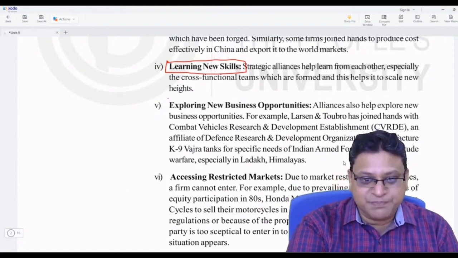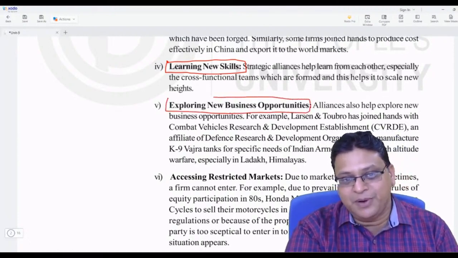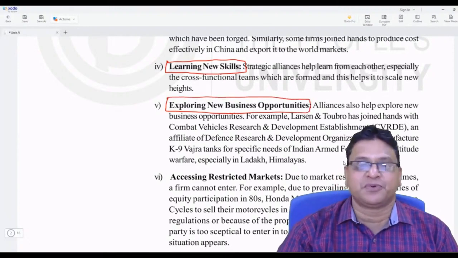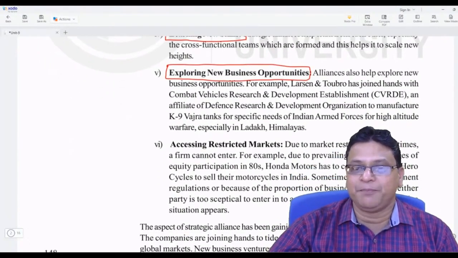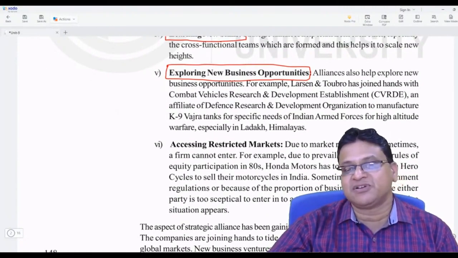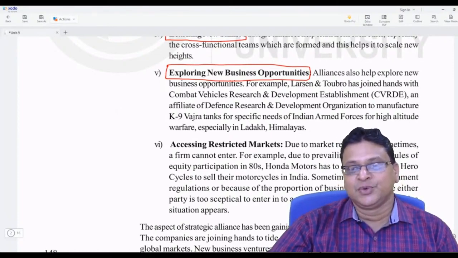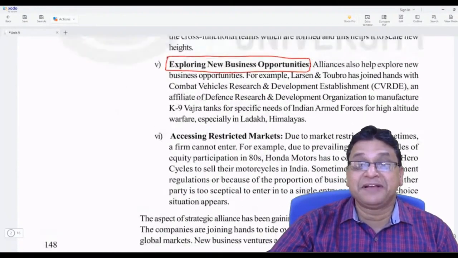Alliance is made to explore new business opportunities. If you want to tap a new business opportunity, you can go for alliance mode. Let's take an example. L&T joined hands with the Combat Vehicles Research and Development Establishment, CVRDE, to get new business, new business in the defense sector.